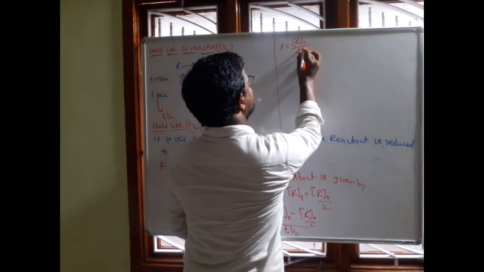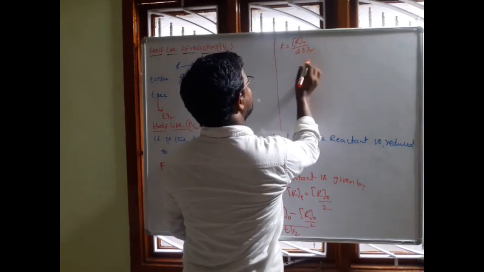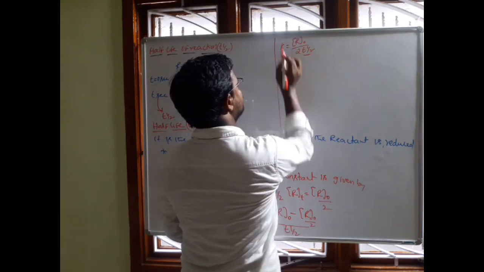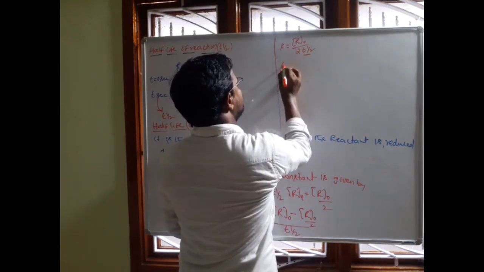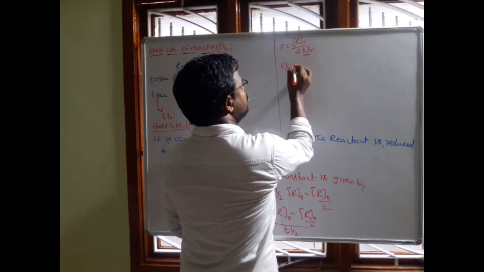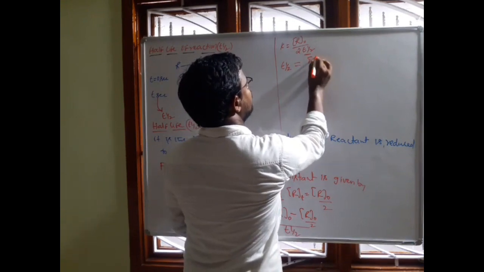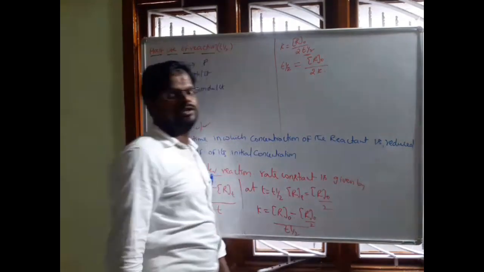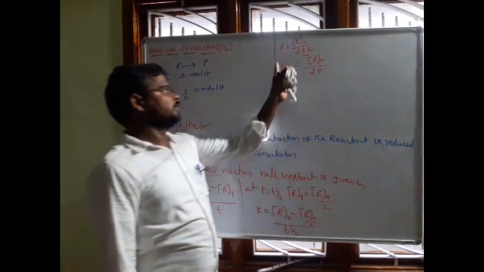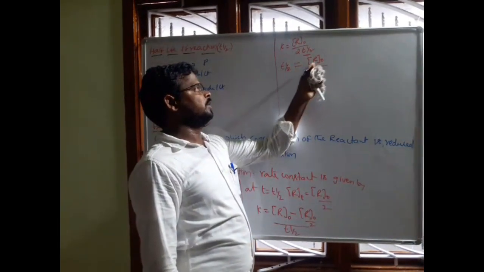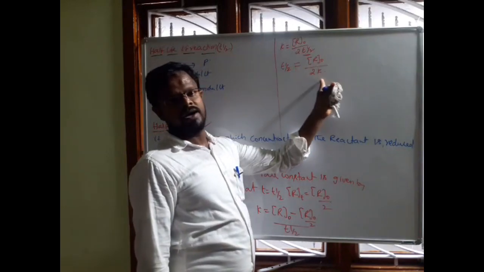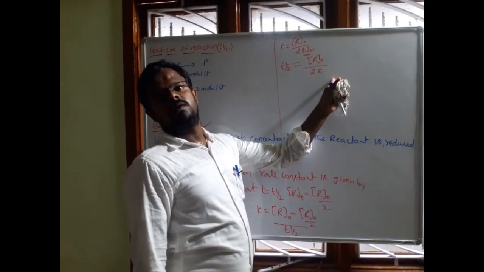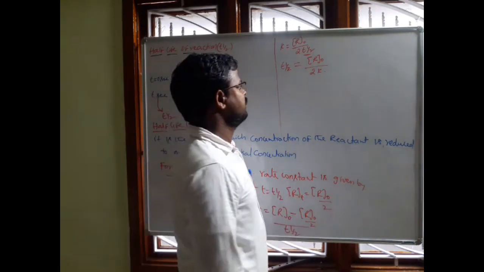Now on shifting T half to the left-hand side, T half of a zero-order reaction equals the initial concentration of the reactant divided by 2K. So T half is equal to the initial concentration of the reactant by 2 into its rate constant. That is the equation.